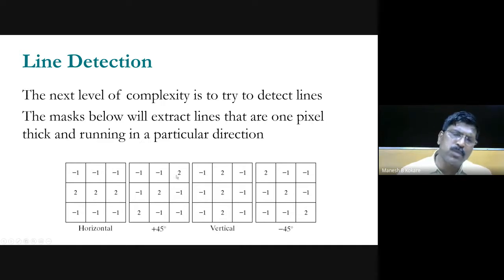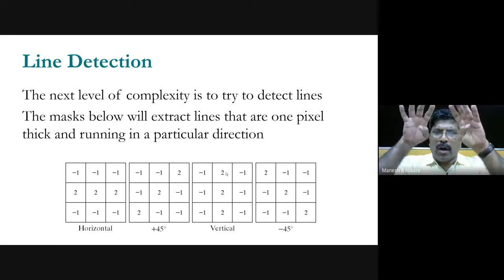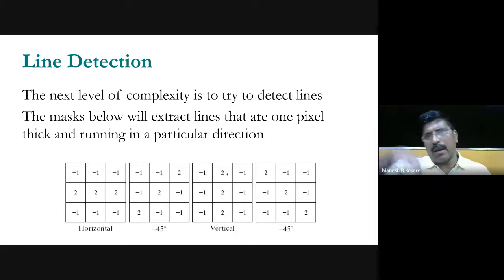If you convolve with this mask, or filter the image with this mask, you will get all the lines which are 45 degree oriented in the image. Then if you convolve your image with this mask, the output will be detected vertical lines. Similarly, output will be detected minus 45 degree lines.